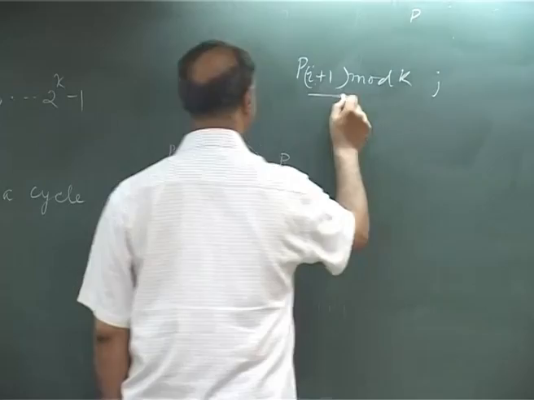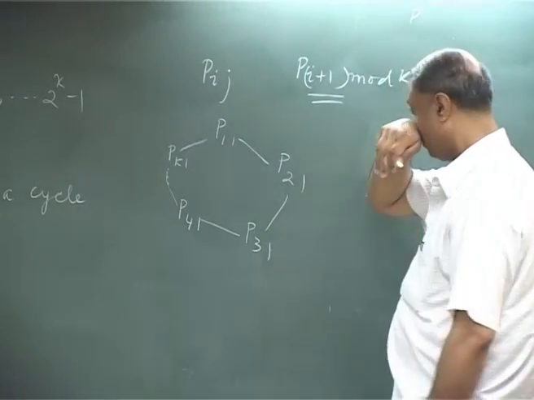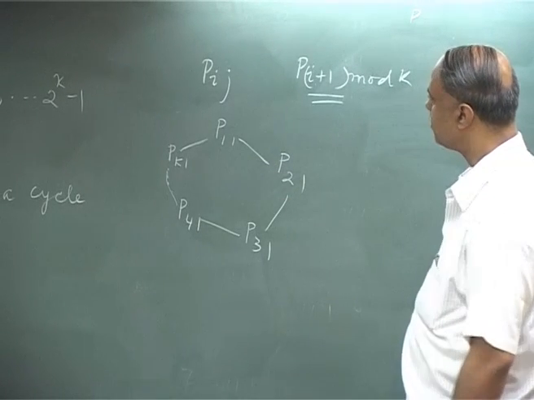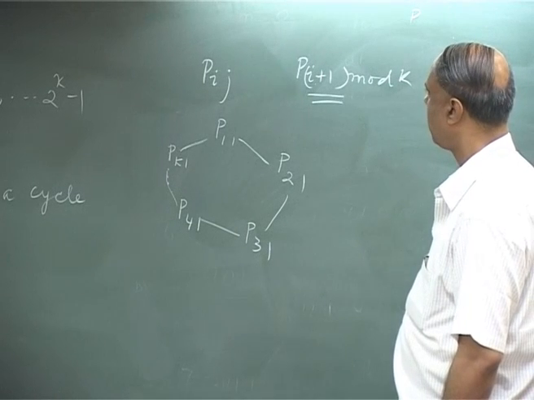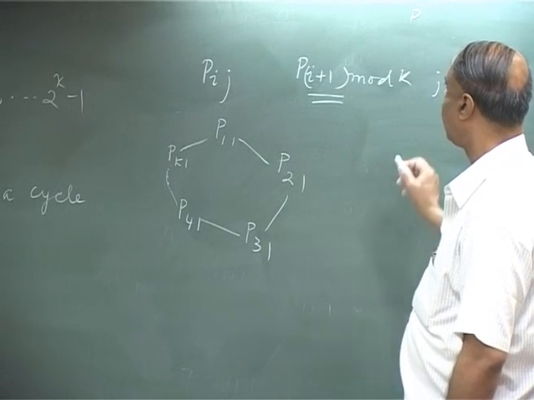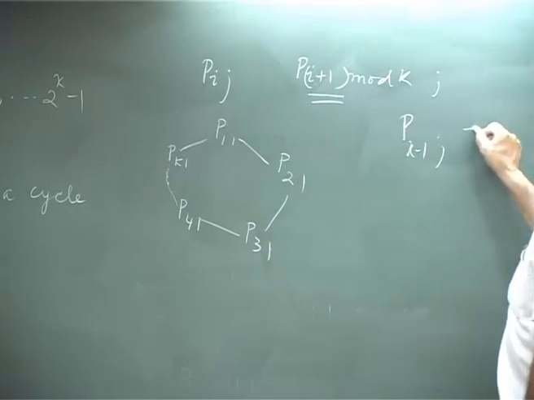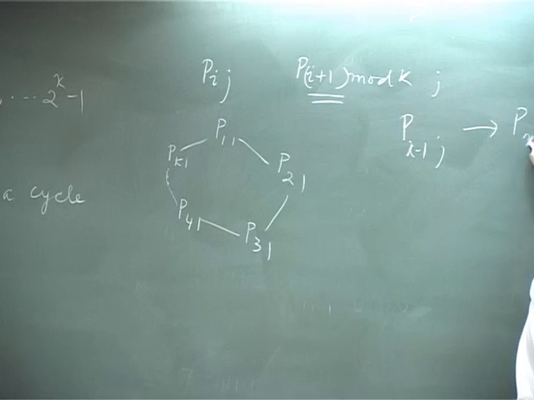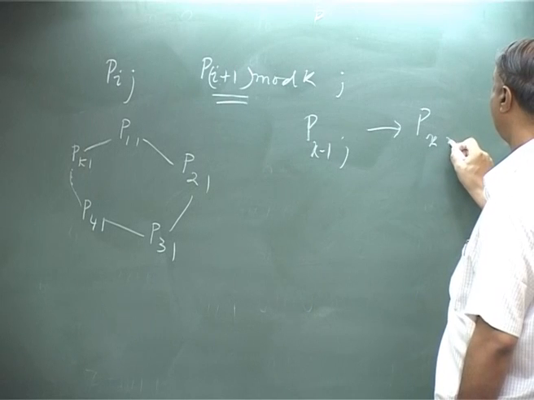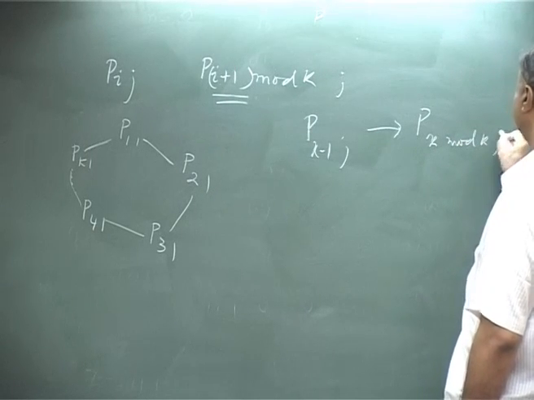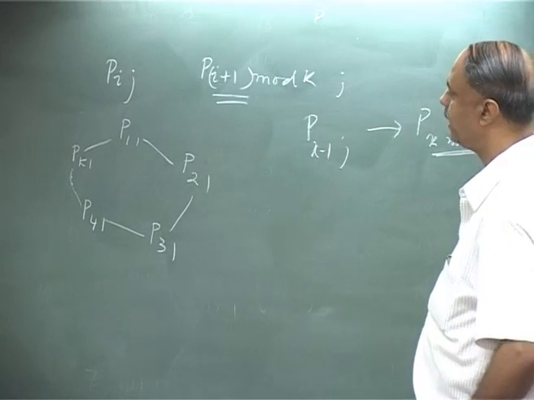Now in these operations, you observe there is a problem when it reaches k plus 1: when i is k, Pk j is connected to P k mod k, j, so this becomes 0. Actually P0 is basically your Pk.